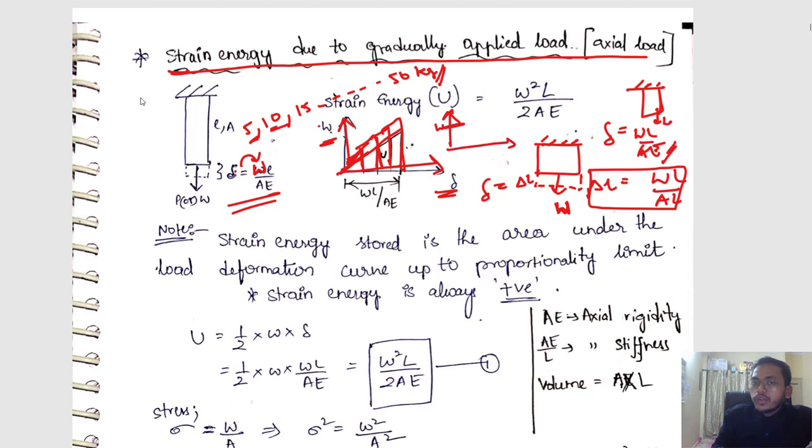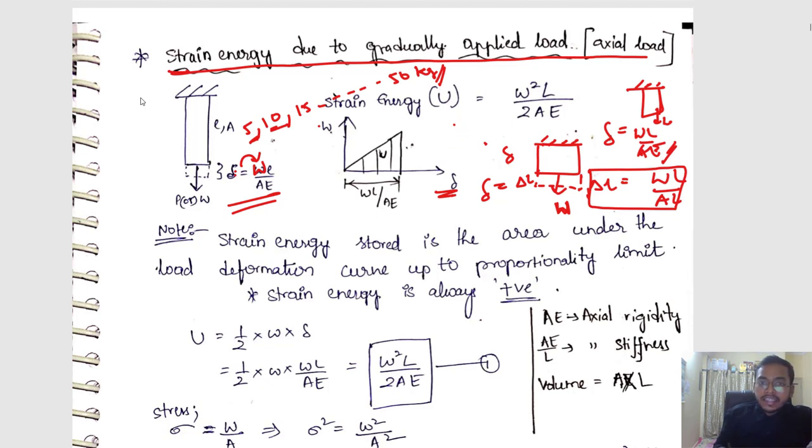All of a sudden you are keeping 50 kg, so you will be getting a straight line and a rectangle. The graph of load versus deflection in suddenly applied load is a rectangle, whereas in gradually applied load it is a triangle. I hope you are very clear why we got a rectangle in this case and a triangle in this case, right?